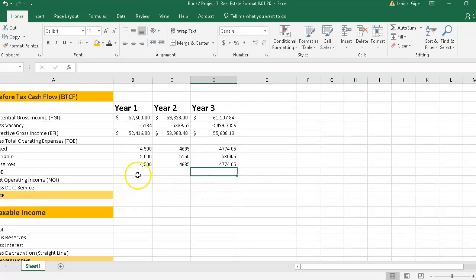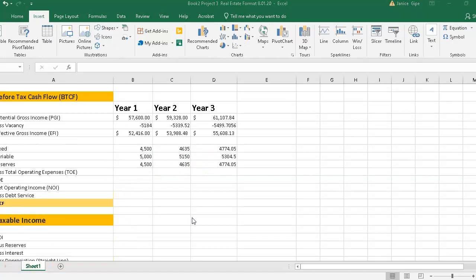Okay. And then so now we're going to total the operating expenses, which is the sum, which is not exactly where I wanted it to go. I'm going to attempt that again. We're going to calculate the total operating expenses.